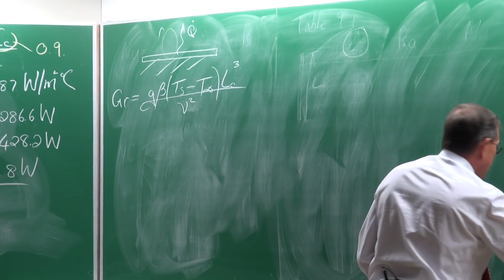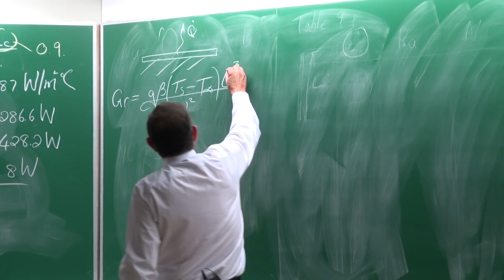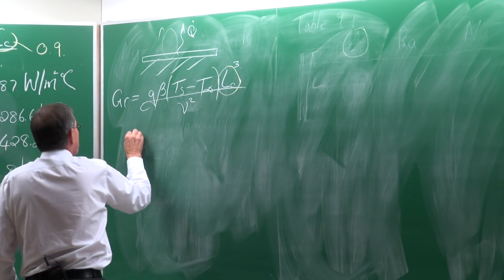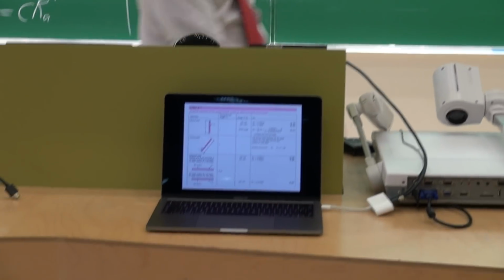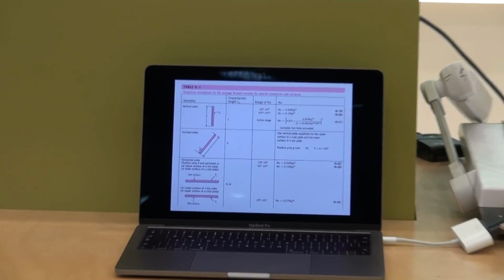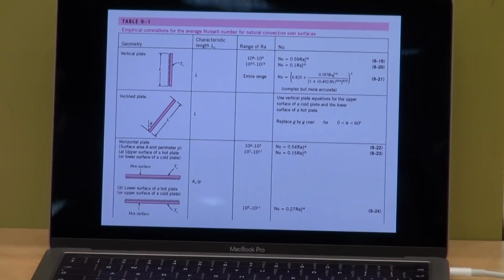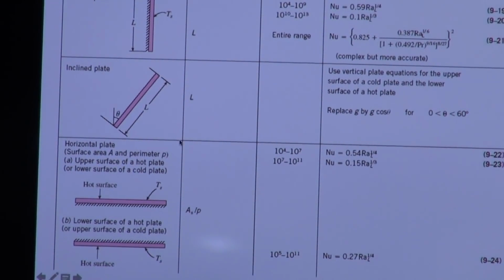But now you have to be careful. The characteristic length is now equal to, what does it say in the table? For a horizontal plate, there it is. So we are looking at this first configuration. The characteristic length is equal to the surface area divided by the perimeter.